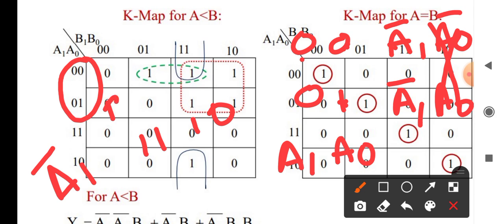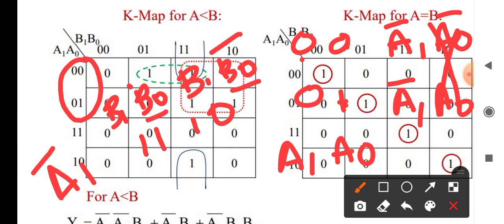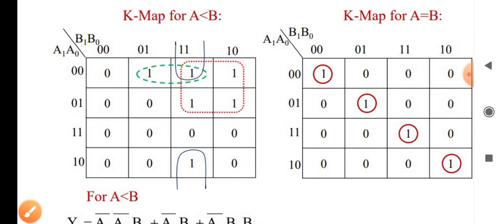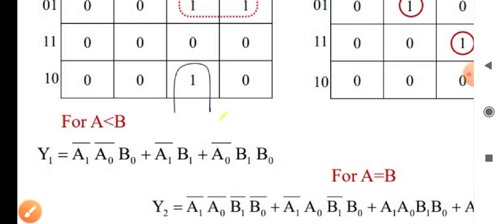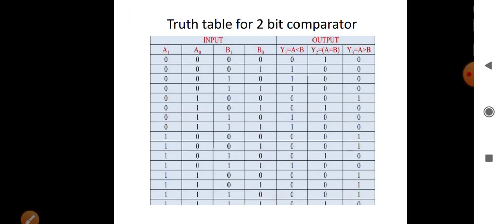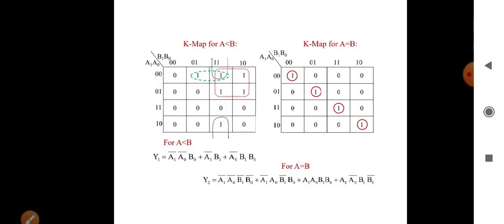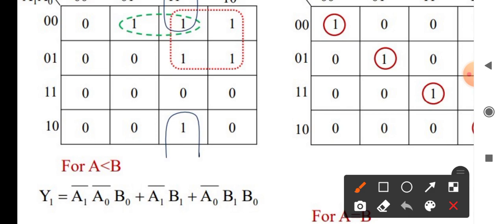Then you can see here 1 1 and 1 0. This is b1 b0 and b1 b0 complement. So b0 and b0 complement, you cancel it down, take down only b1. So it consists of a1 complement into b1.